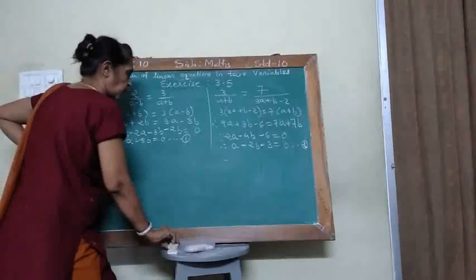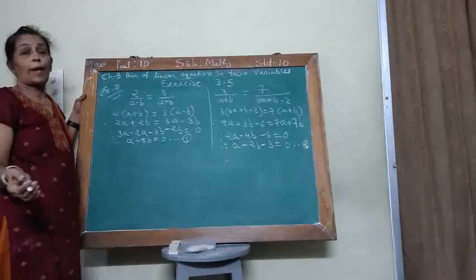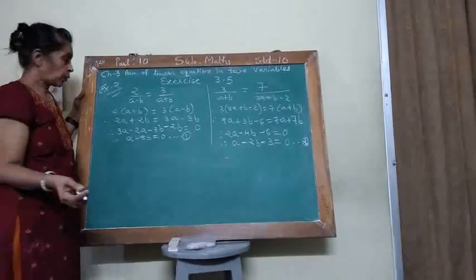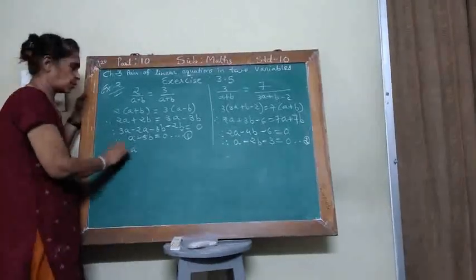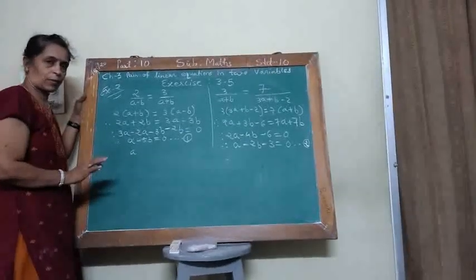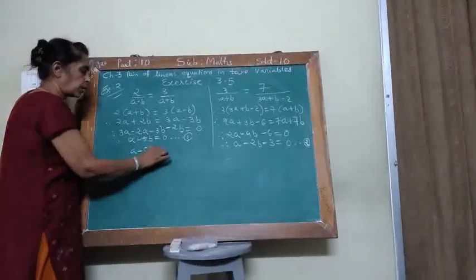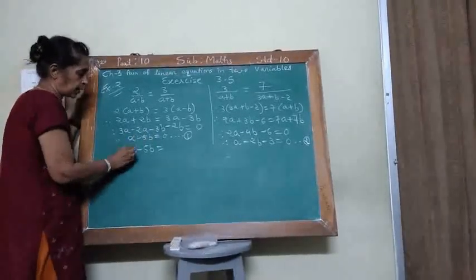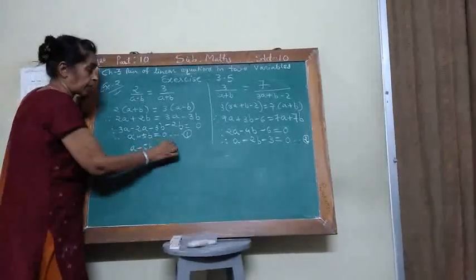Now solving 1 and 2 by the cross multiplication method. You may solve it by elimination also, because here they have not said which method you have to apply. So it is better to apply the elimination method. So solving 1 and 2 by elimination. You may do cross multiplication also, but they have not asked for that. Their intention is that you find the value of A and B by any method.